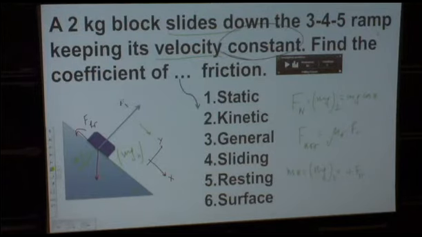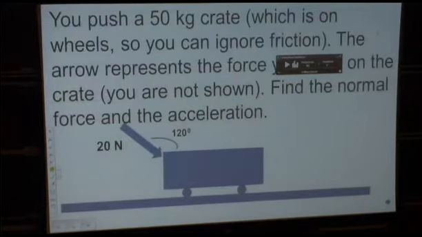So, even easier. But if friction would have been not so strong, it could have been speeding up. That wouldn't change our equations. Still, we would use exactly the same equations. Now, I want to go to this problem.